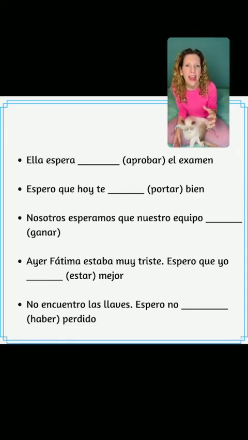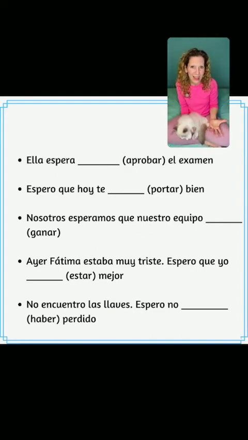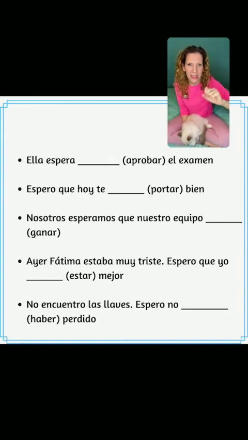We would need that. As I am omitting las llaves, do you remember when we studied the direct object? Las llaves is feminine and it's plural, right? Do you remember when we studied the usage of direct object pronouns, la, lo, las, los?